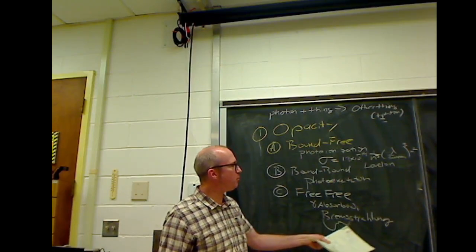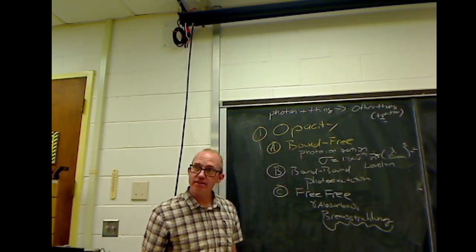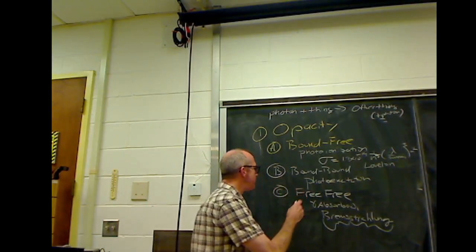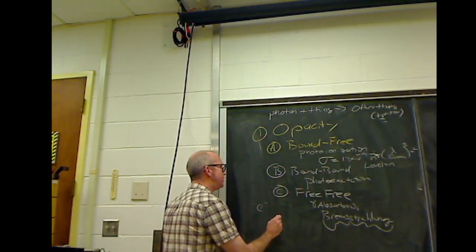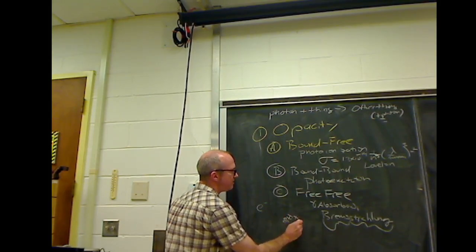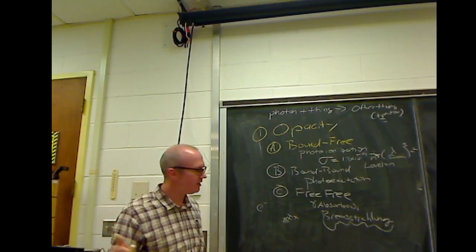So Brems means breaks, and Strahlung means radiation. So this is breaking radiation. So what happens in this process, I have a free electron, and I have an ion. Turns out the ion is important.